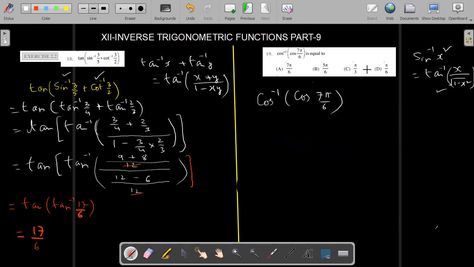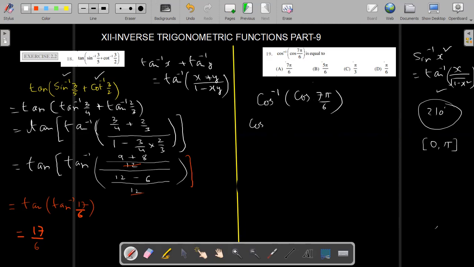Hmm, so we have to reduce this. Obviously, pi by 6 means 30 degrees, 7 3s are 21, 210. It is not between the range of cos. So therefore, what is the range of cos? It is 0 to pi, both included.